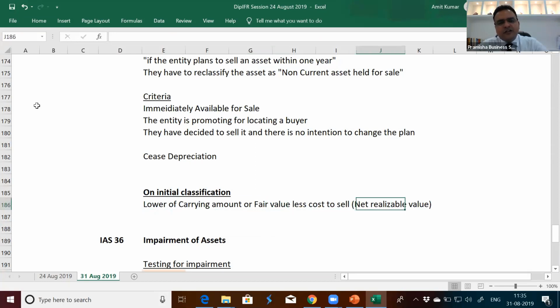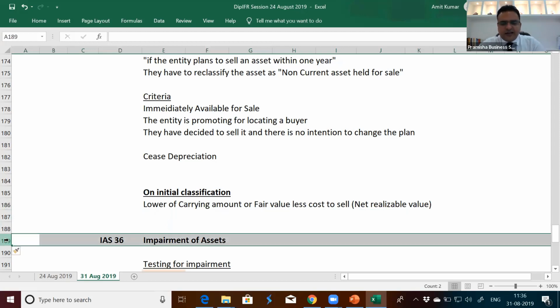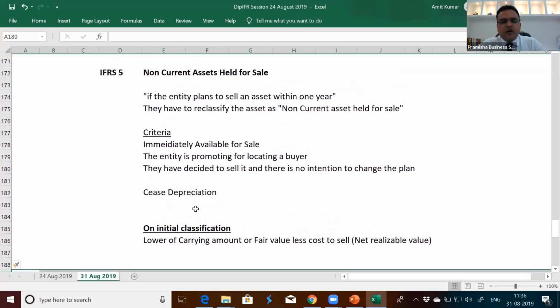So on initial recognition, you are indirectly testing for impairment. The only way of recovery now is sale. Are you getting the relationship between impairment of assets and why we are recording it at lower of carrying amount and fair value less cost to sell?